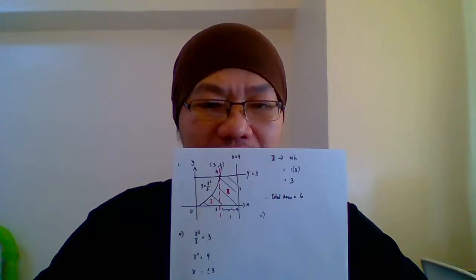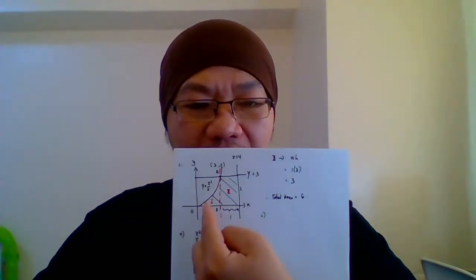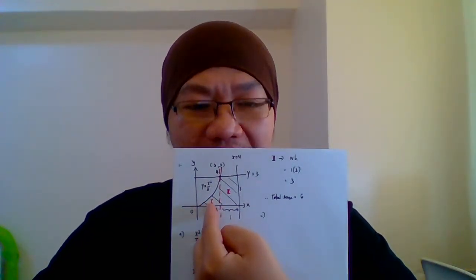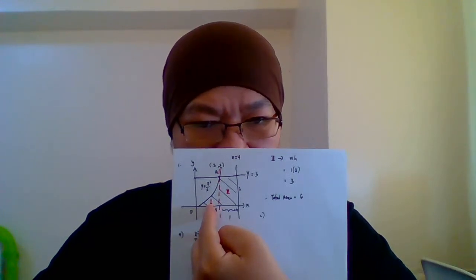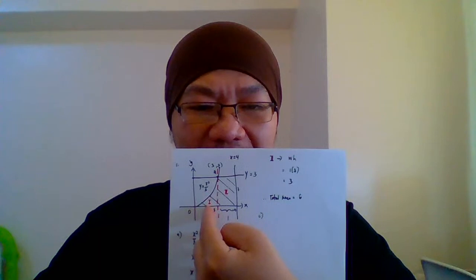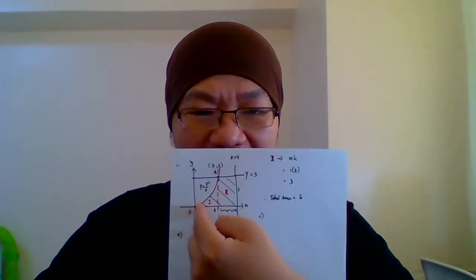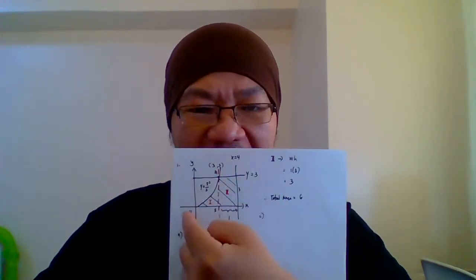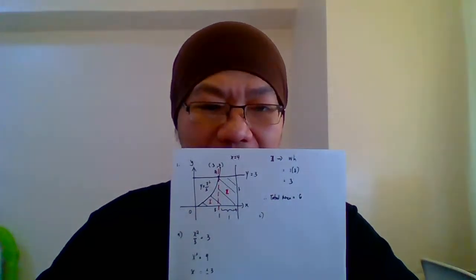So to find the volume for this question, you need to find the volume of the first region first, and then you find the volume for the second region. Now, look at the first region here. The curve is given, right? And the limit is 0 to 3. So, no problem, the first region is very straightforward.